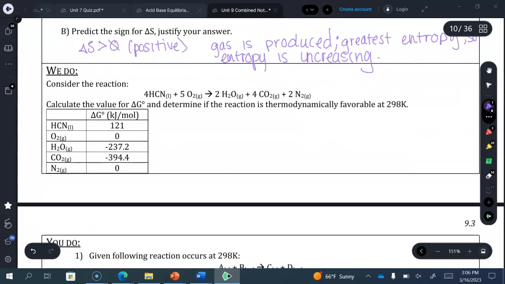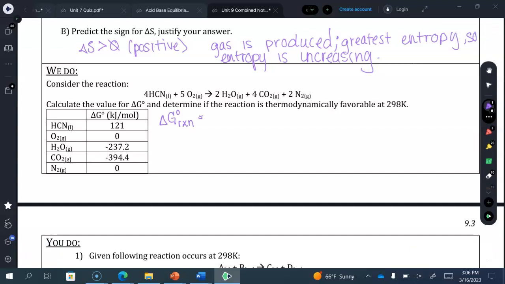Okay, so now let's look at this we do. Consider the reaction given below, calculate the value for delta G, and determine if the reaction is thermodynamically favorable at 298 Kelvin. Remember, it's giving me delta G values, so I'm going to take the delta G for the reaction and do my products minus my reactants, first multiplying by their coefficients.